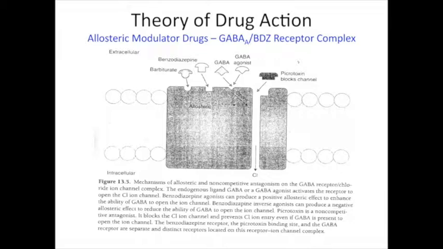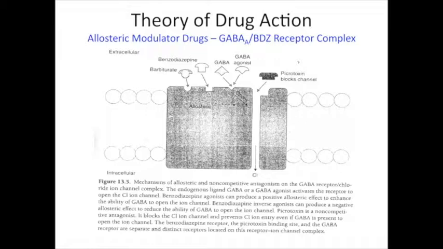GABA is the little triangle kind of thing that's going to fit in the receptor and open the chloride channel. Chloride ions are going to come in. Next to that is a benzodiazepine site, which looks like a very short screw that fits on the top there. When that allosteric site is activated, that facilitates the GABA action.